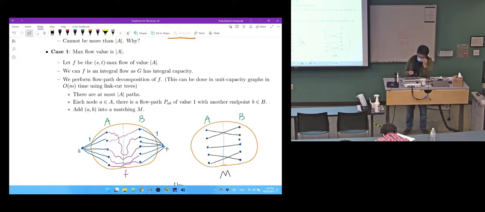So let's say F is the max flow of value A. And you can assume also that F is an integral flow, because the graph is unweighted here, I assume that. So each edge has an integral value of flow.